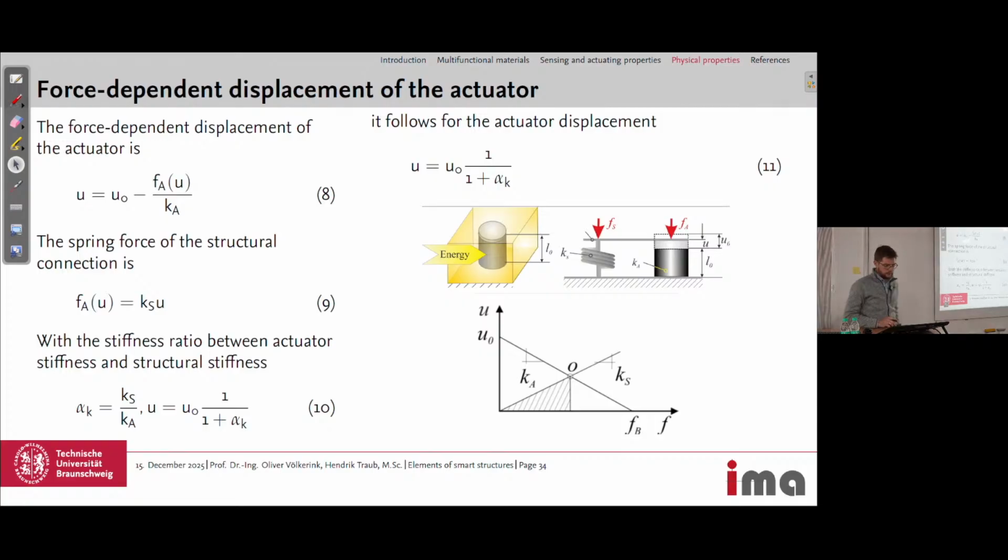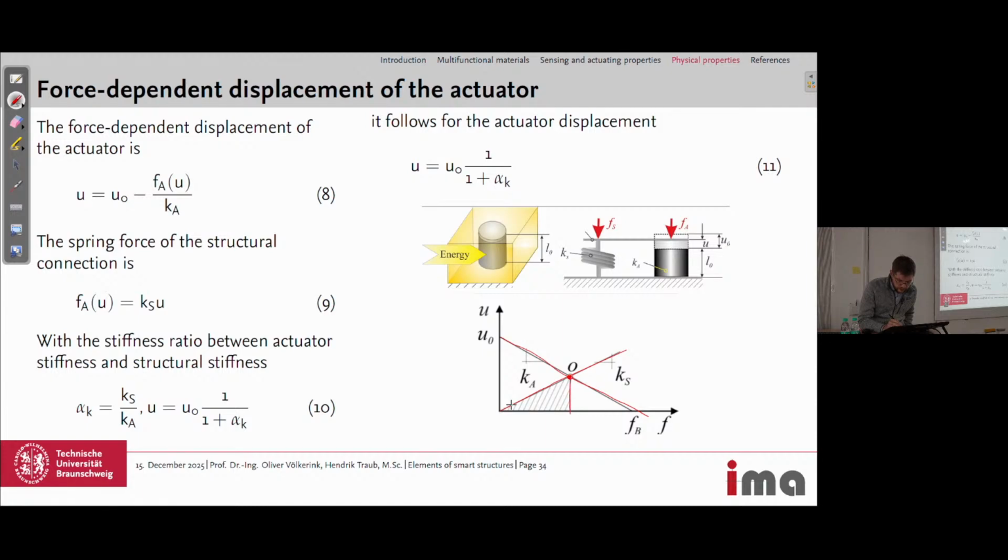No, I missed something. So if we look at this diagram here again, then we have both lines for the force displacement behavior of the actuator and the structure, and they meet at this point.